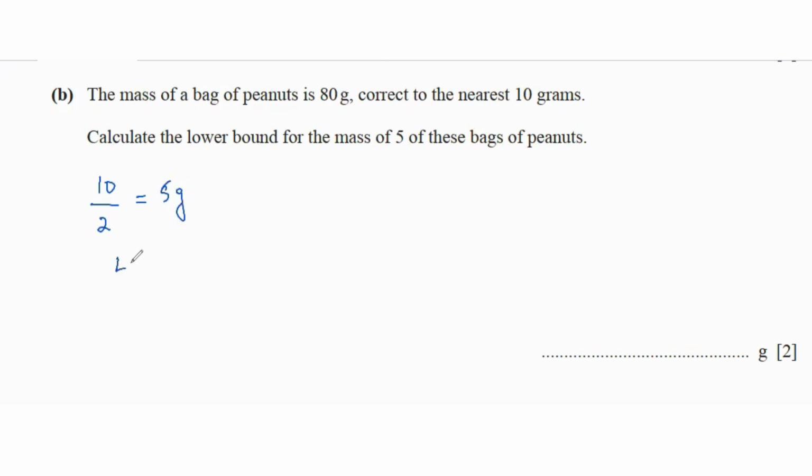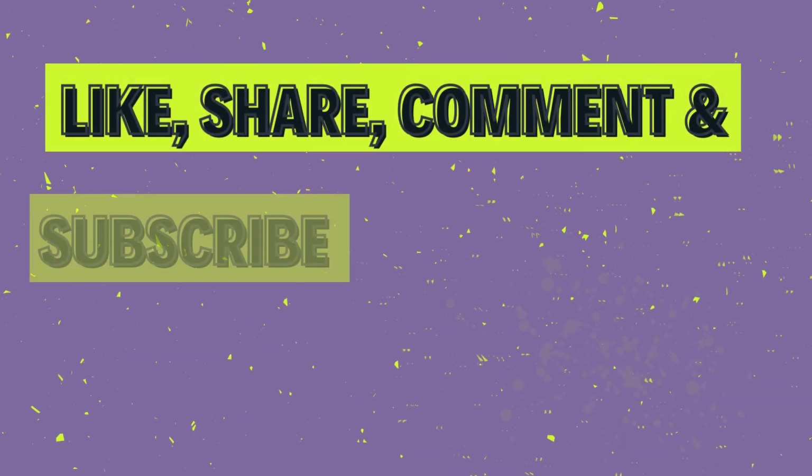Now for the lower bound, I'm going to subtract 5 from 80, which is 75 grams. Since they want the lower bound for the mass of 5 of these bags, you multiply 75 by 5, and that is 375. That is your lower bound.